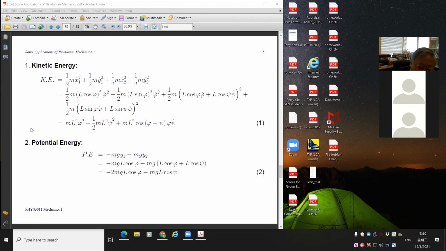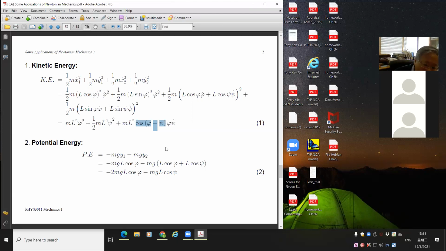Okay, so the kinetic energy, when you try to simplify the expressions, you'll find that there are two independent variables, phi and psi. The kinetic energy depends on phi dot squared, psi dot squared, and also a cross term depending on phi dot and psi dot, and the difference of the angular displacements.